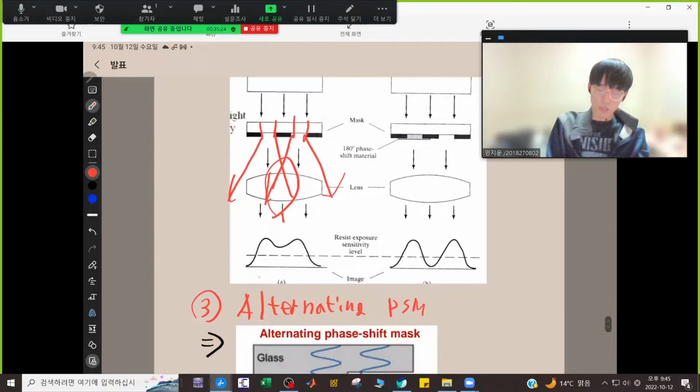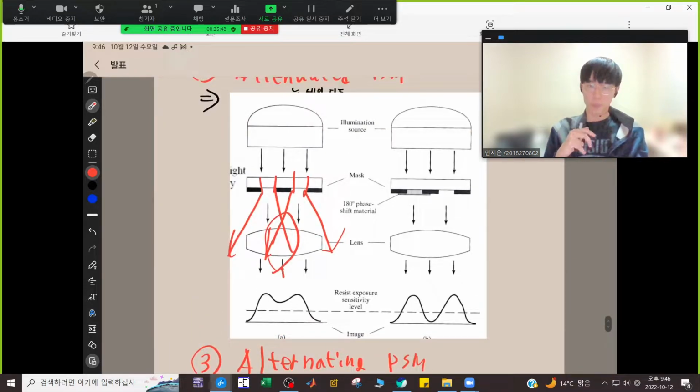So the pattern result is like this. The center pattern is removed in positive photoresist.